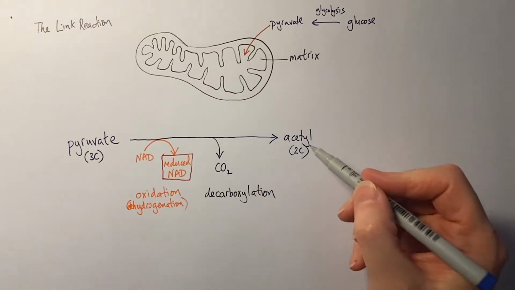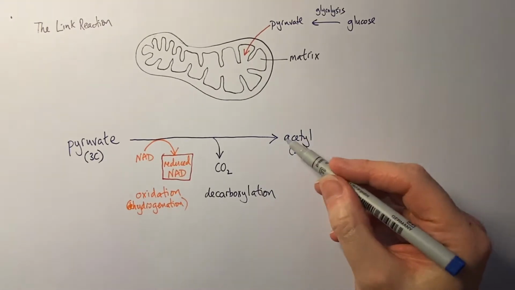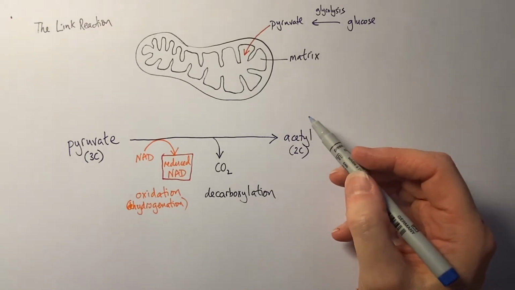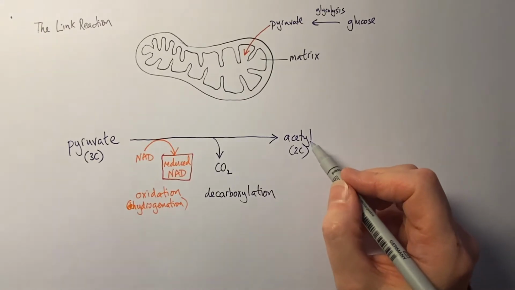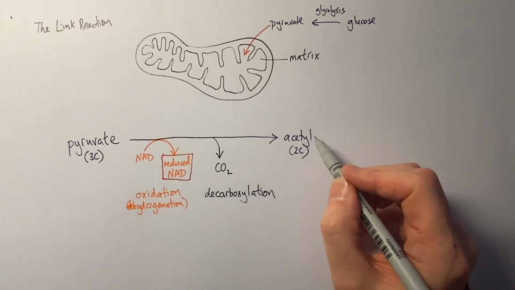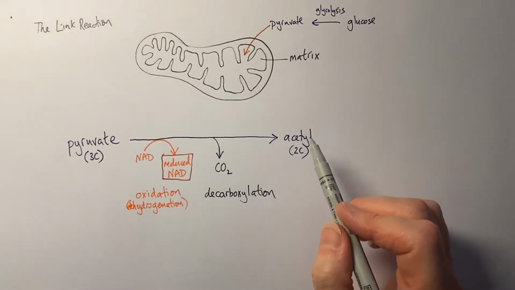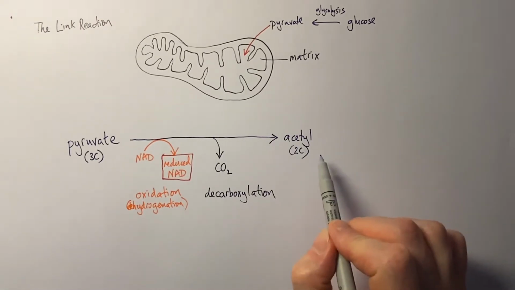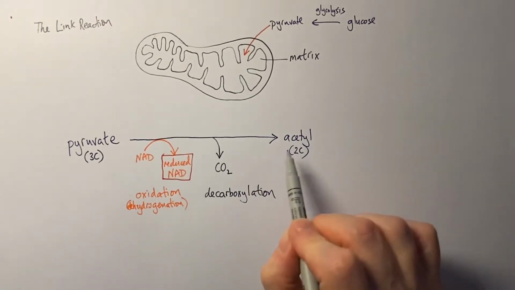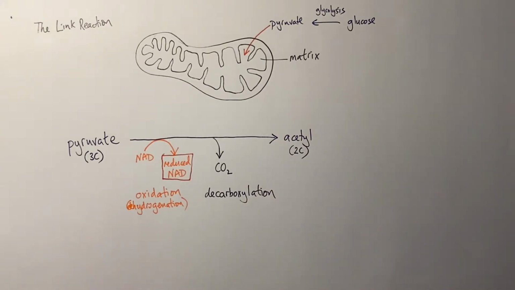Now, acetyl groups do not have all their bonds filled. There is actually an extra bond that doesn't have anything attached to it. So acetyl groups on their own can be quite dangerous. They need to be joined onto something, and if they are not joined onto something, they'll get lost, or they might attach to another molecule and cause some sort of damage there.